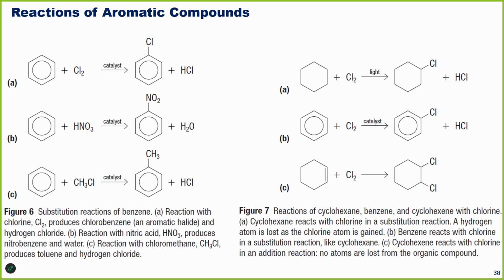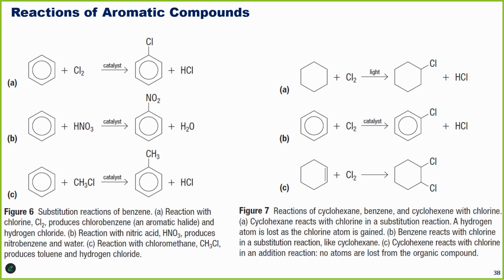Okay, next let's have a look at reactions of aromatic compounds. Its unusual bonding makes the benzene ring behave quite differently from an unsaturated hydrocarbon. Unsaturated hydrocarbons easily undergo addition reactions. However, benzene does not, because its bonds are not really alternating double and single bonds.